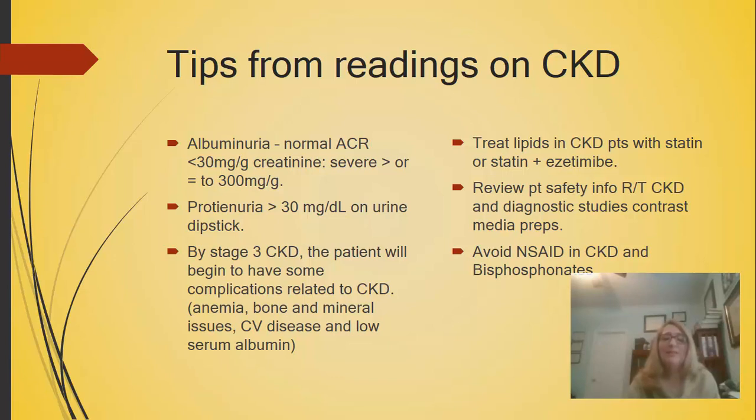Cardiovascular disease issues, you may have them getting into volume overload, low serum albumin. So be aware of that. When they have chronic kidney disease, you're going to treat their lipids with a statin or a statin plus ezetimibe, for patients that have chronic kidney disease that are not on dialysis.